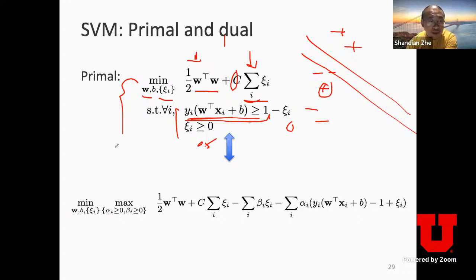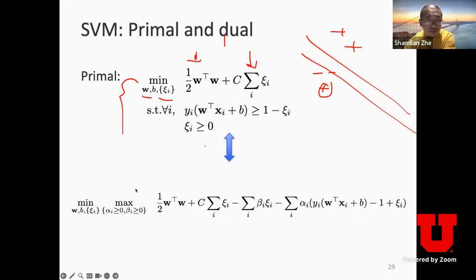Let me erase those. So see that for every training example, we actually have two constraints.